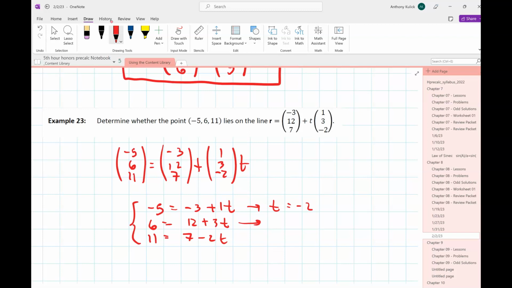If I subtract 12 over, I get -6, and then divide by 3, I get -2. If I subtract the 7 over, I get 4, and then divide by -2, I get -2. Since those are all the same, yes, the point -5, 6, 11 lies on the line R.